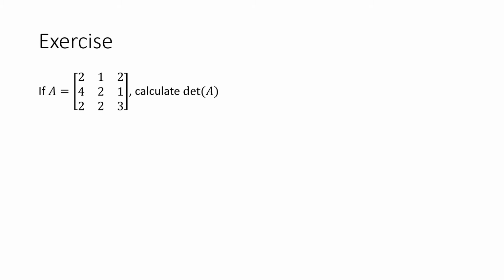So let's take a look at using a cofactor expansion to get the determinant of a 3 by 3 matrix. If we're given this matrix A, we want to calculate the determinant of that matrix. So remember the definition. The determinant of A is the cofactor expansion along the first row.